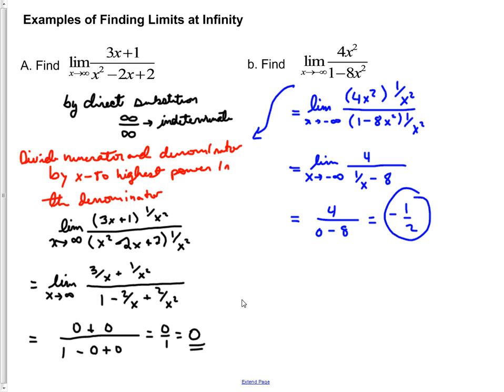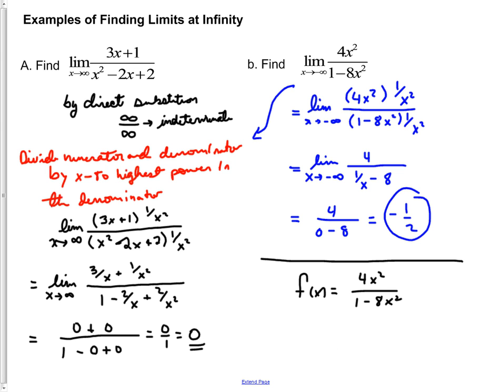Now, this may look familiar to you if you recognize these as rational functions. Back when we were dealing with rational functions in algebra, you may recognize that a function like 4x squared divided by 1 minus 8x squared would have a horizontal asymptote. We're not worried about vertical asymptotes.